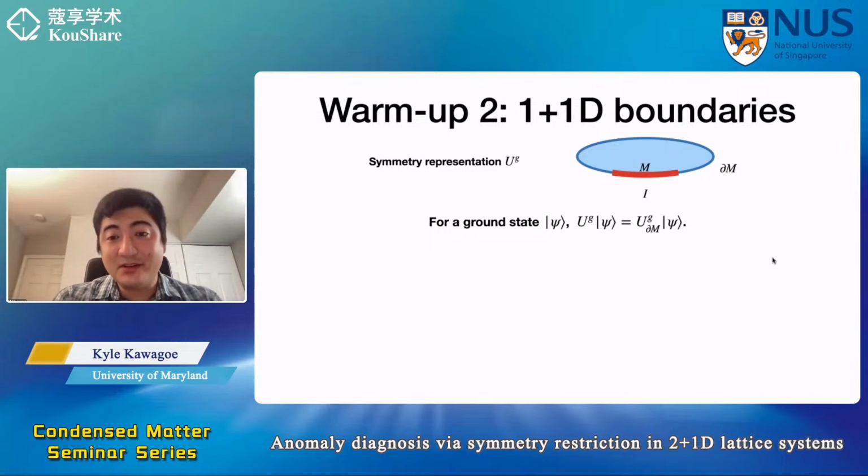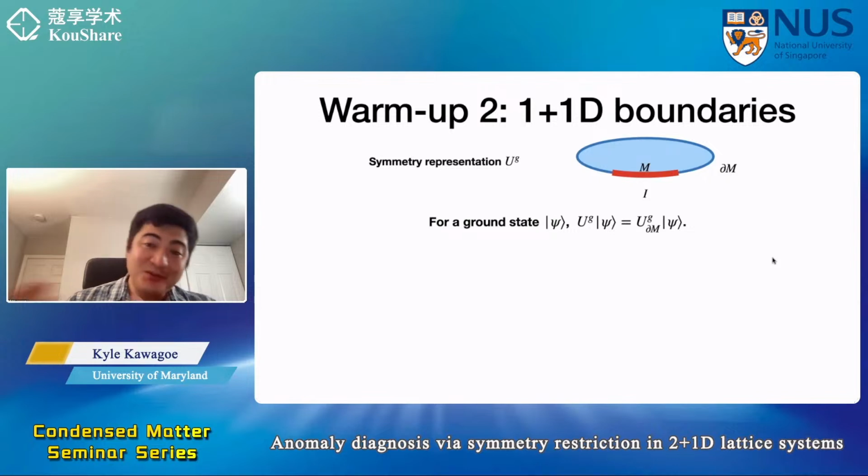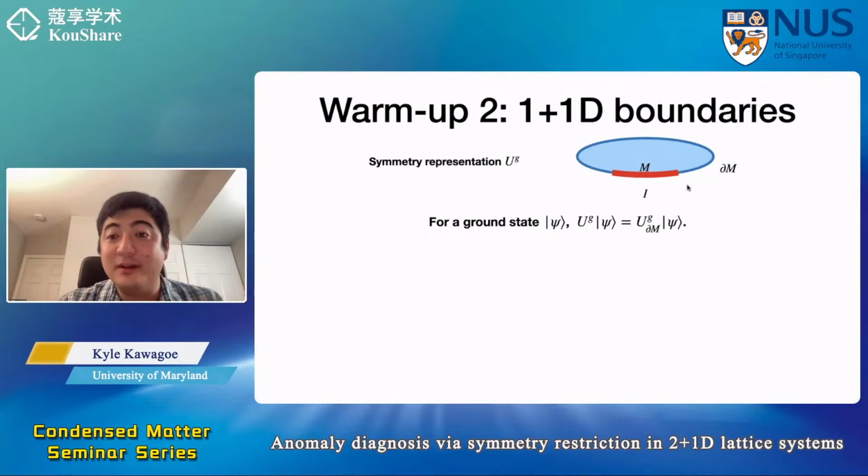Okay. So suppose you now have a 1+1D boundary theory on the boundary of a 2+1D SPT. And let's say, suppose that the action of this symmetry can be imitated by some operator that only lives on the boundary on all the ground states. So now we'll play a similar game to before.